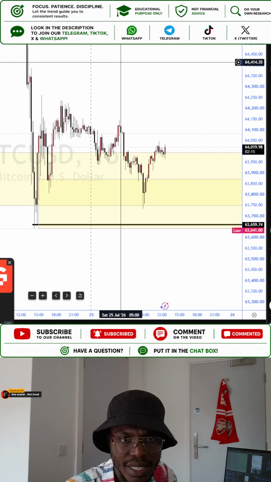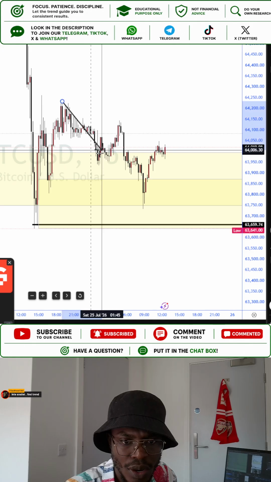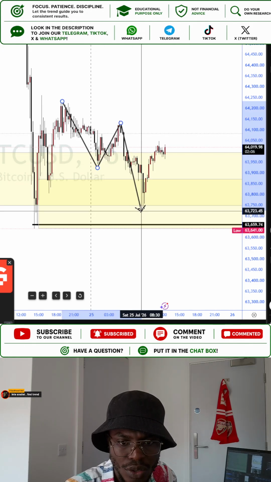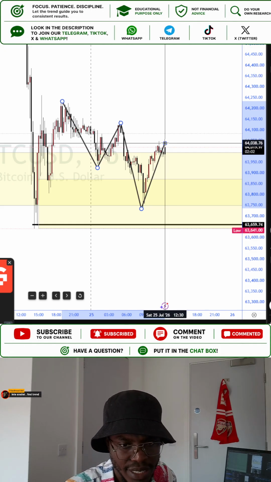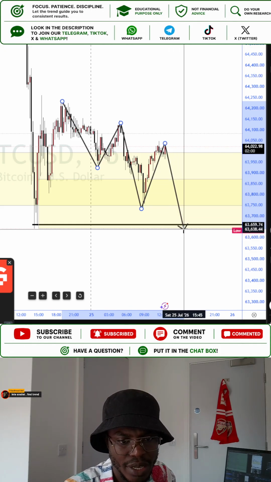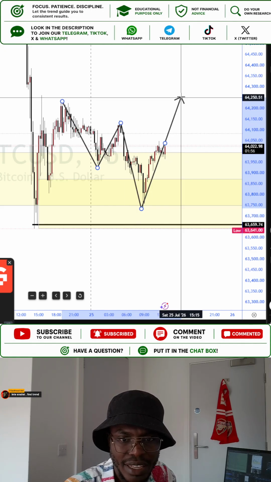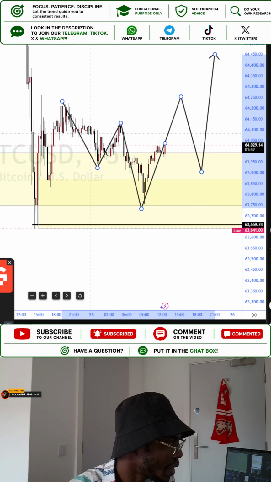So when you look at this area here, you will notice that there is a lower low, and then there is a lower high, and there is a lower low, and currently there is a lower high. So you have to make a decision. Is it going to come down here, or is it going to break this high here and then come back for a retest for you to start buying this thing upwards?